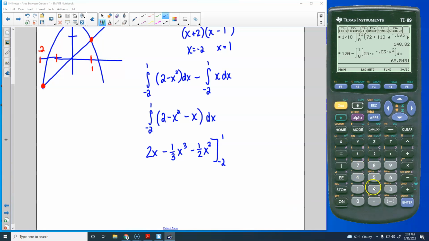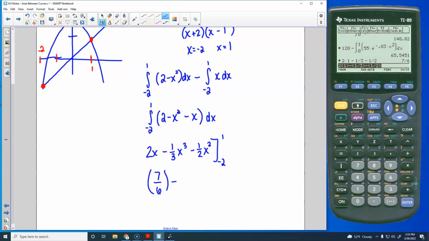So we're going to have 2 times 1 minus 1/3 times 1 minus 1/2. I'm going to go ahead and hit enter and get that part, so I just plugged in 1 to get 7/6. And then I'm going to plug in my -2.